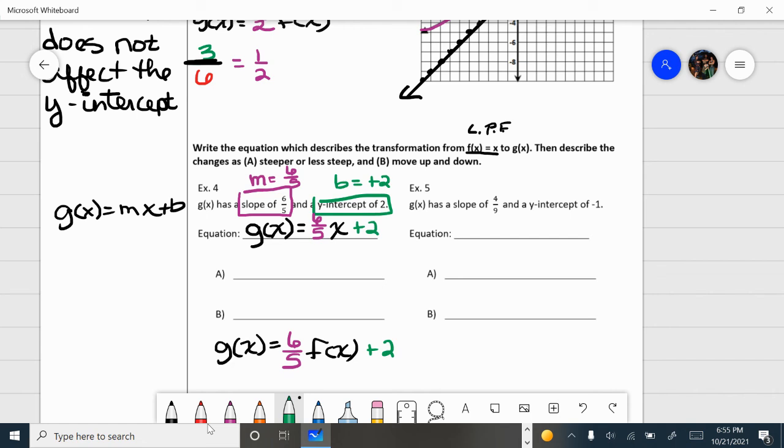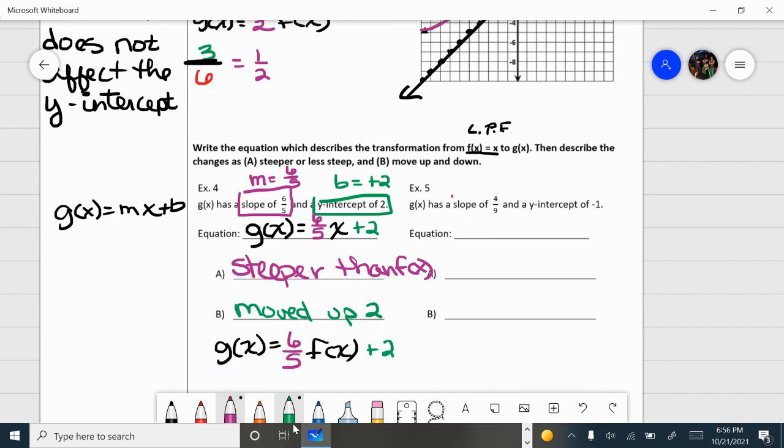Therefore, this g of x is going to be steeper than f of x. And that plus 2 means that it moved up 2. Because it is asking us to describe the changes. A is either being steeper or less steep, and B is being that it moved up or down.